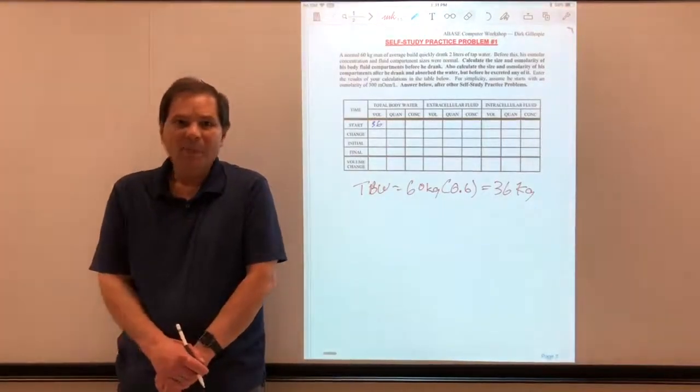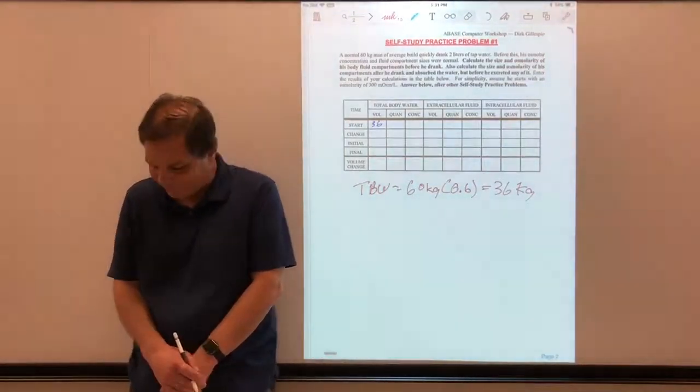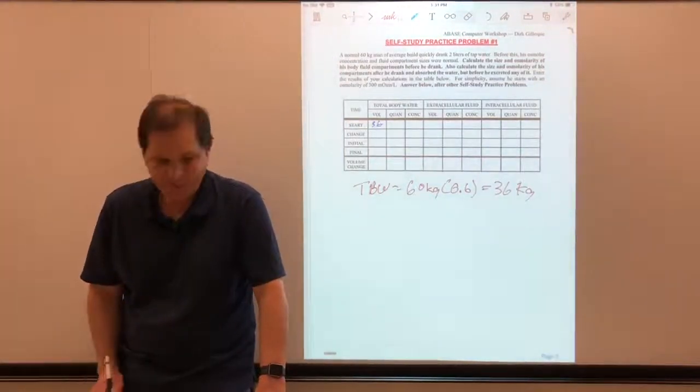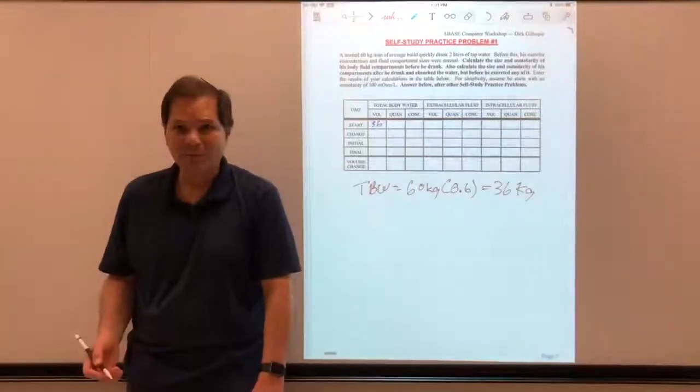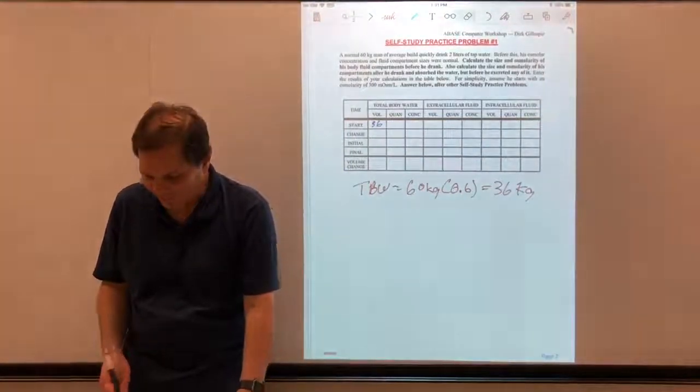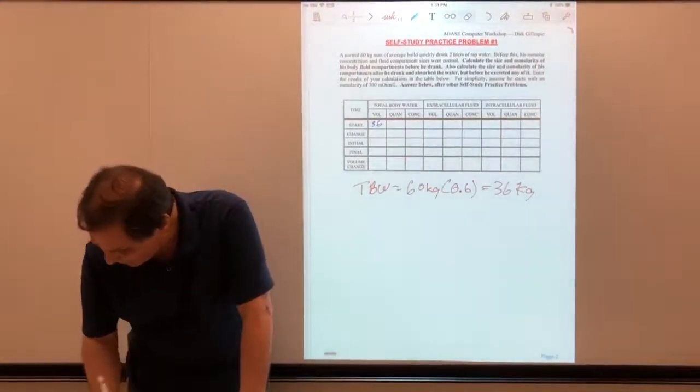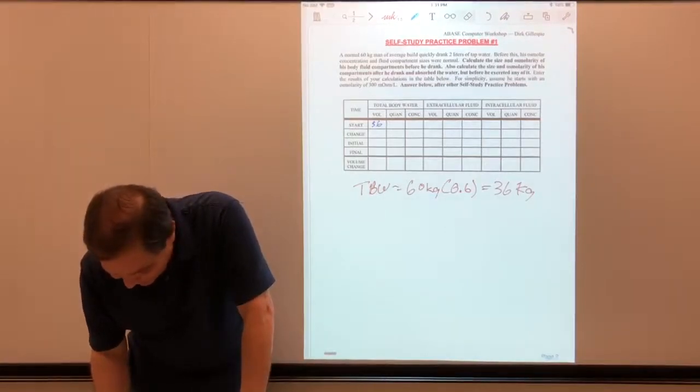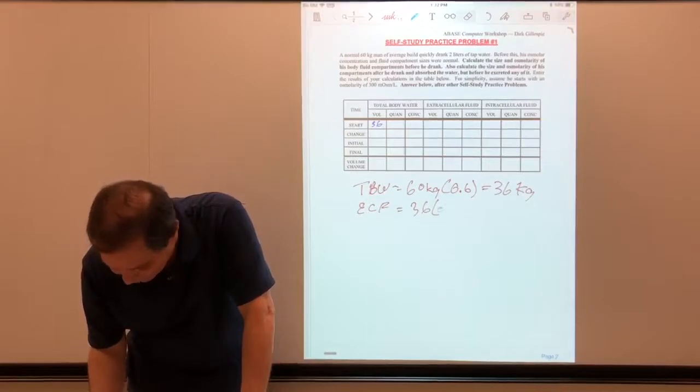So how much of that is extracellular and how much of it is intracellular? Well, we know that the extracellular fluid is 40% of the total, and the intracellular fluid is 60%. So extracellular fluid equals 36 times 0.4, and that equals 14.4 liters.